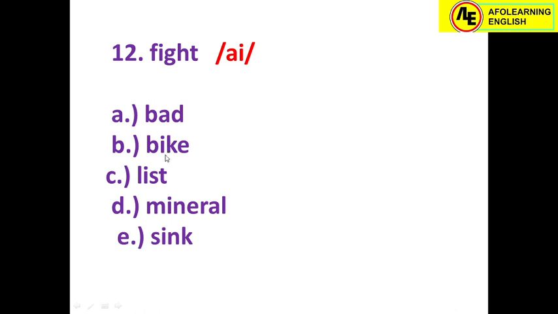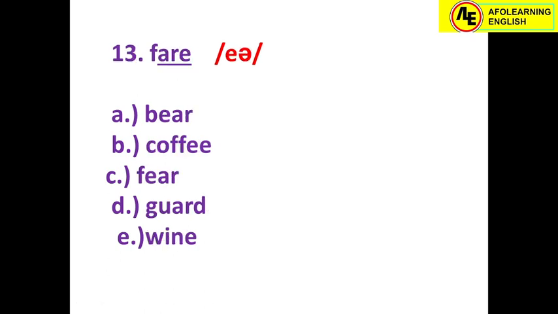Don't forget, all you just need to do is pronounce the word. Very, very important. Pronounce the word before you choose your answer, and don't be deceived or carried away by letters. Okay? So the correct answer here is what? Bike, because it contains the diphthong I.